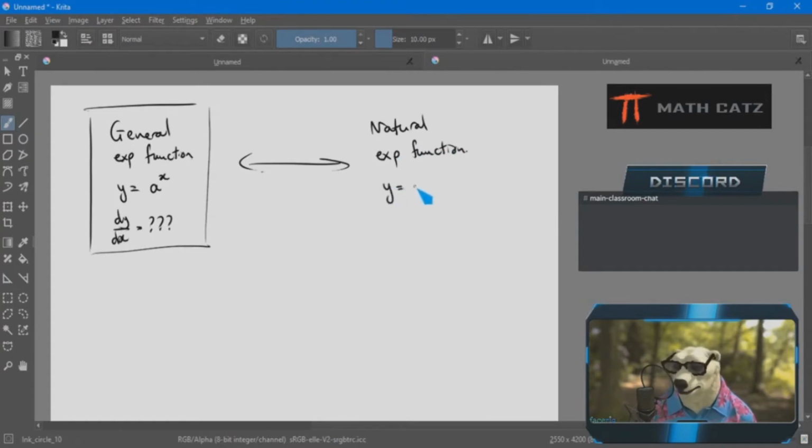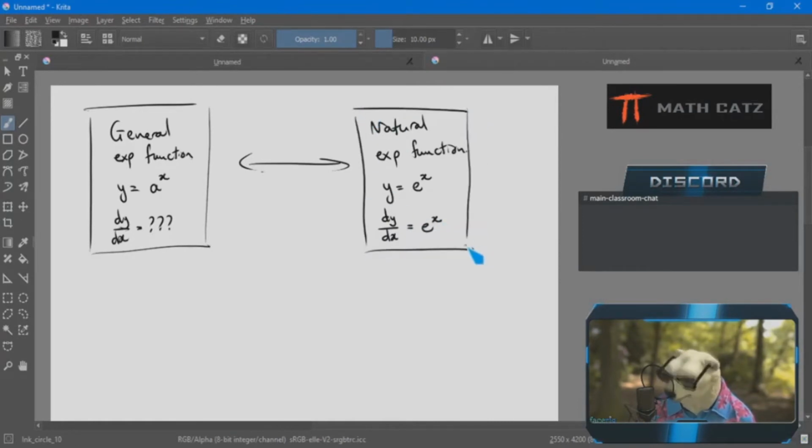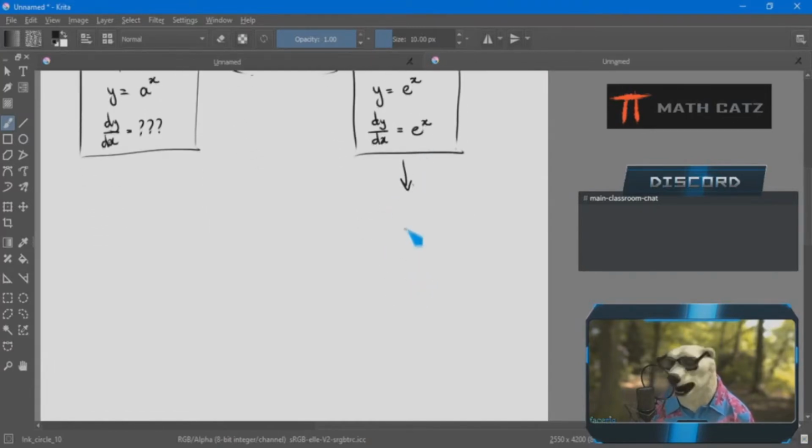Well, I changed the base and looked at a specific base, e, 2.71828 and so on. It never stops. I enjoy trying to memorize some digits. For that, the derivative was the simplest thing I could possibly hope for, in that it's the function itself. Can't be much better than that. But it has to be that base.